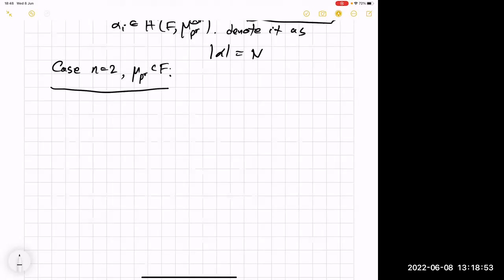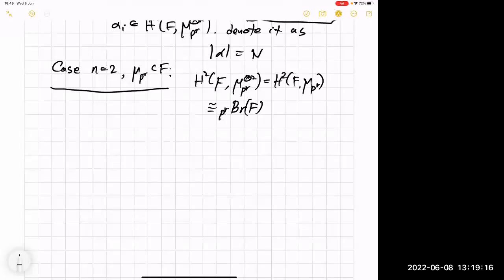And we have that H^2(F, μ_{p^r}^{⊗2}) is the same as just H^2(F, μ_{p^r}), which is isomorphic to the p^r torsion part of the Brauer group of the base field F.